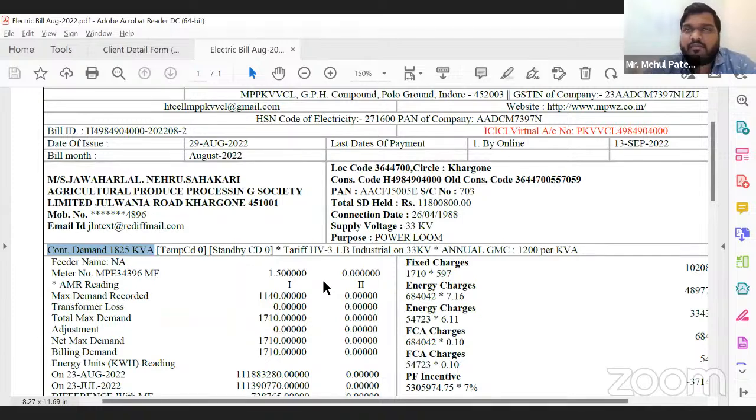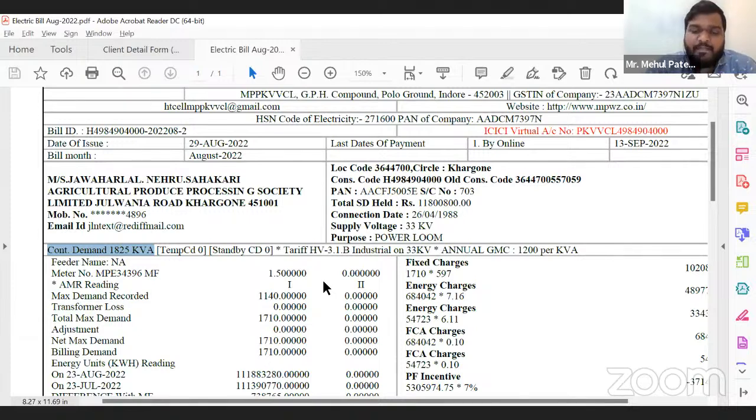When a customer takes the connection from the discom, the energy auditor gives them some number in terms of power. That number is an indication of how much load is connected at the customer premises. Say, for example, I have established an industry or manufacturing unit.